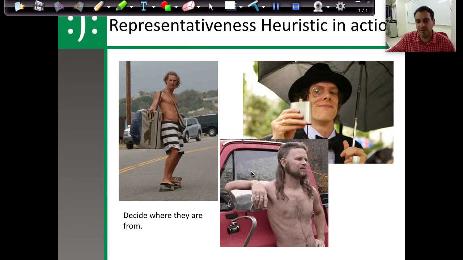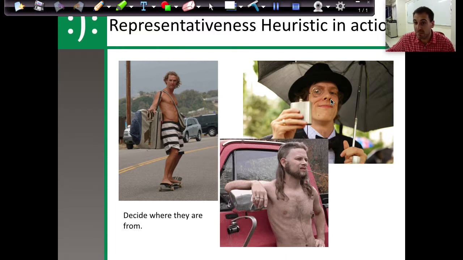This dude, he's my favorite. First thing you're probably going to say is redneck. He's probably from Montana, Wyoming, Maine. Why do we say this? From schema that we have that represent our beliefs and tell us maybe something about this person. Who's this guy? What is he from? I don't know. Think about it for yourself for a second.